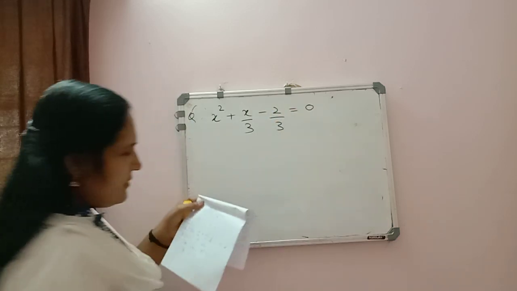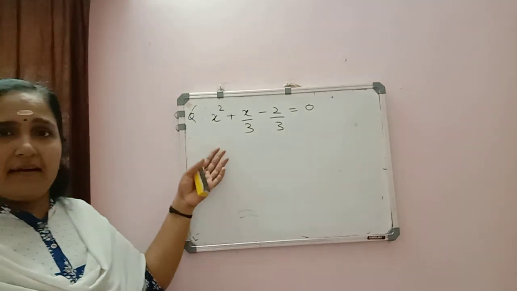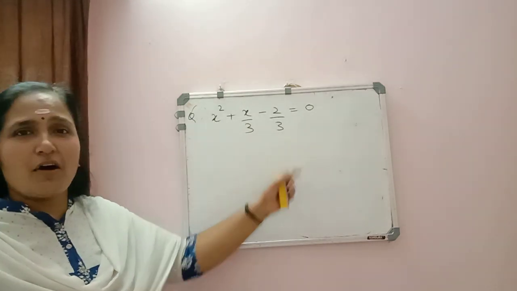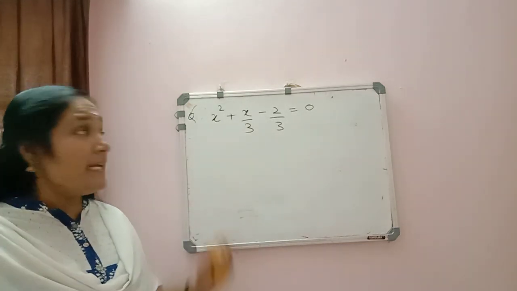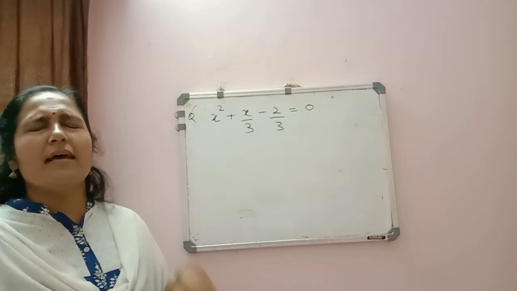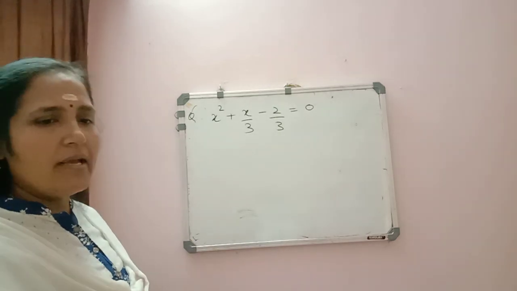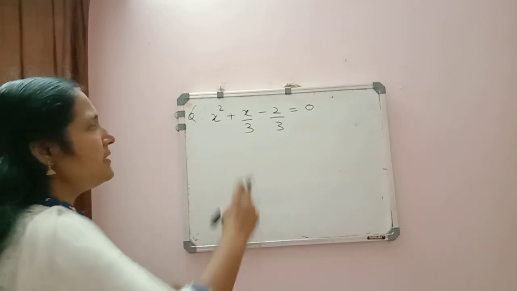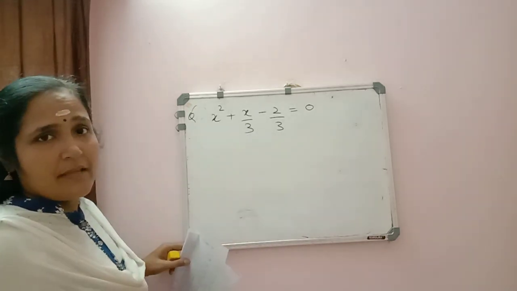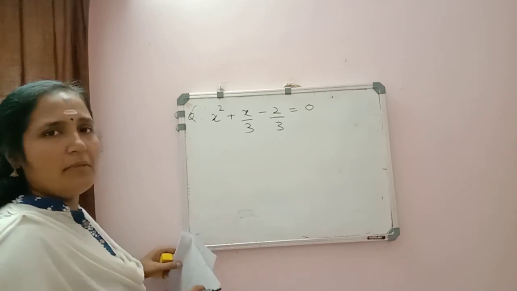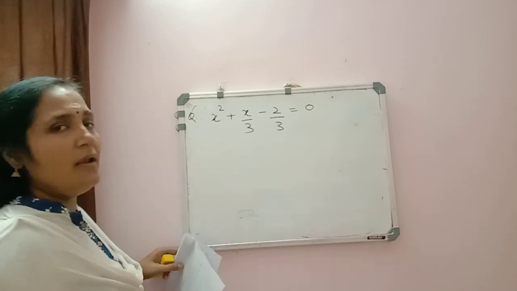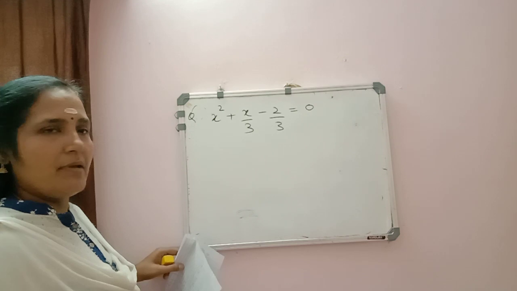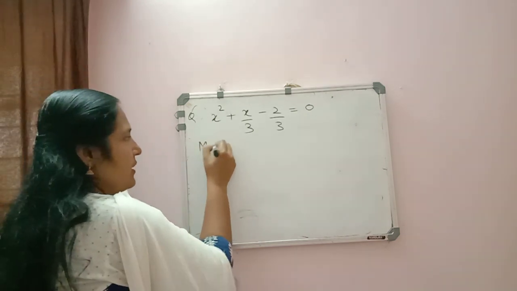Whenever fractions are coming, it is difficult for us to solve with fractions. So an easy method: first remove the fraction. How can we remove the fraction? Check the denominator. The denominator is equal to 3. Whatever the denominator is, we multiply the whole equation by that denominator.